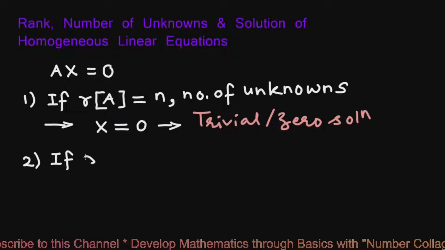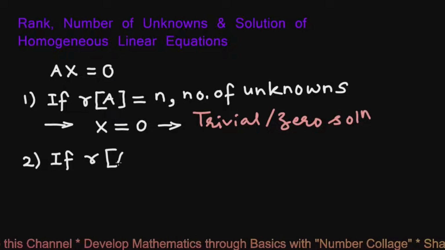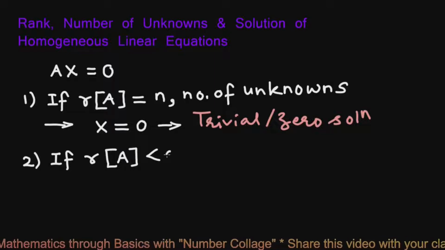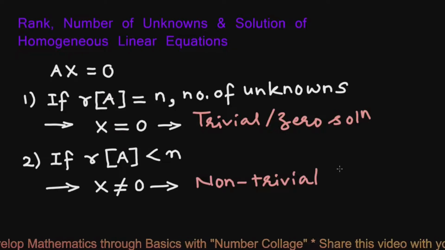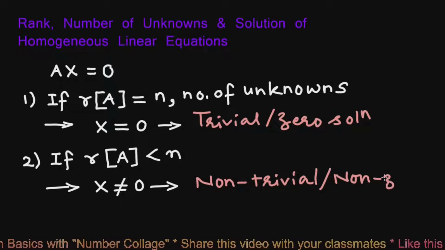Number 2, if rank of coefficient matrix A is less than n, the number of unknowns, then the system has non-trivial or non-zero solutions.